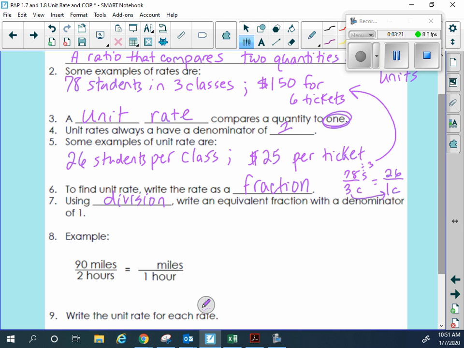The times when it gets a little bit confusing is when we start talking about money. We did cost per ticket, which makes sense, right? But could you also see a time when you might want to do tickets per dollar? Maybe, if you only had $1 and wanted to know how many tickets you could buy with it.